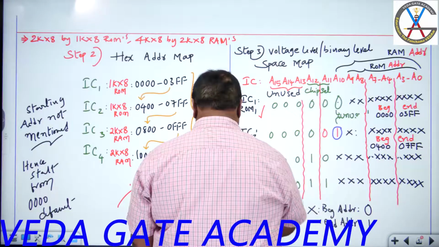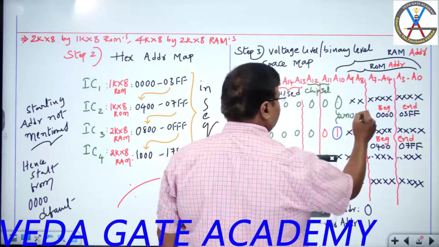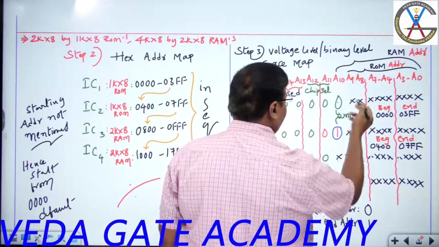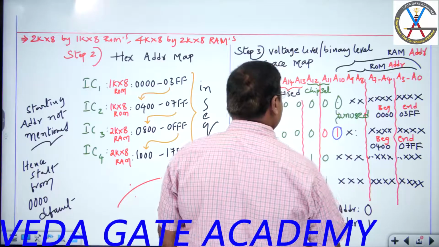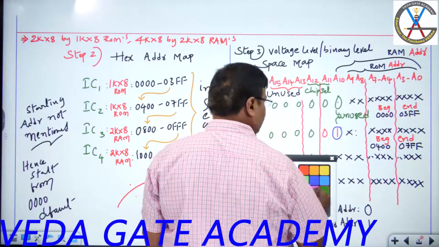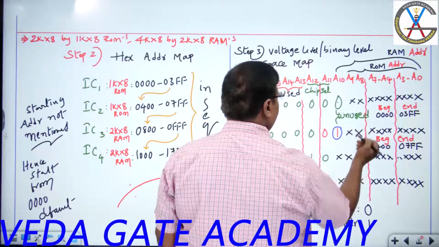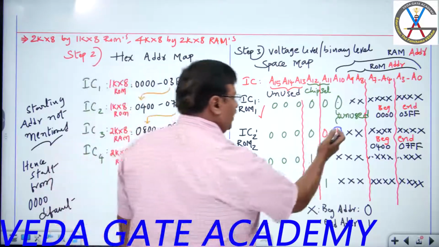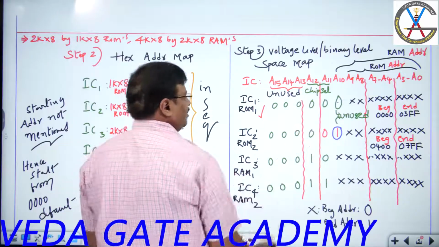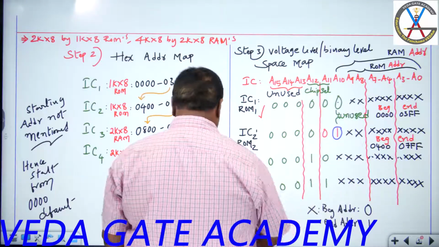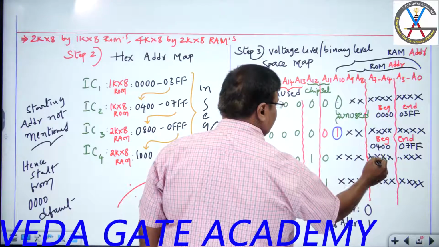What is this? Unused kept as 0 1 XX, right? Yes. So now, keeping the unused bit to 1, I got that address: 0400 to 07FF. Now let me continue that for the next one.